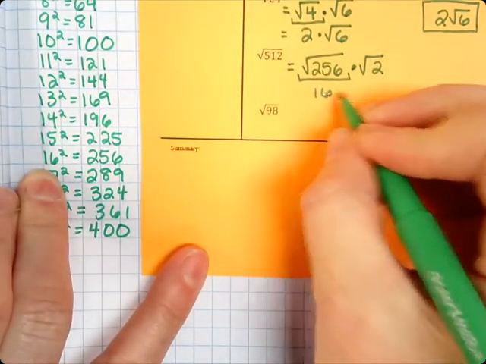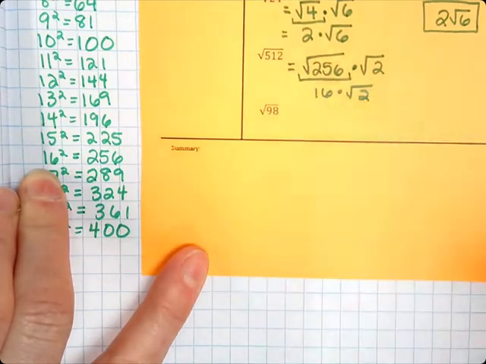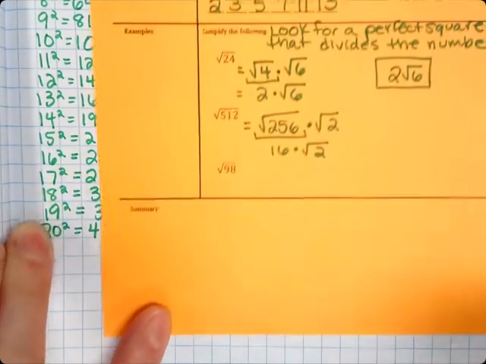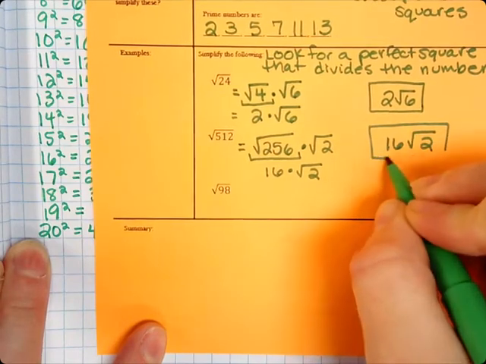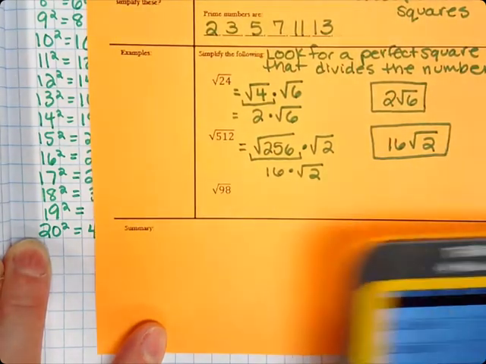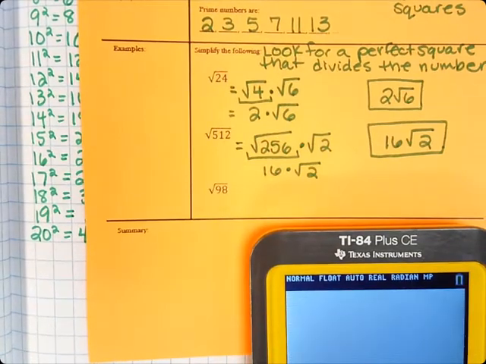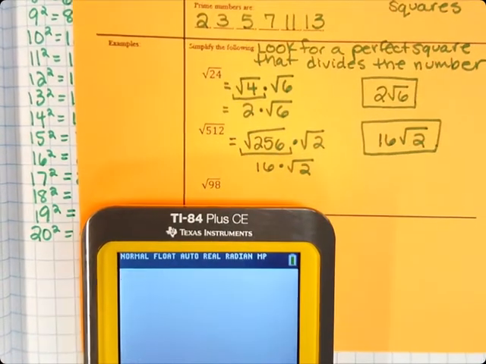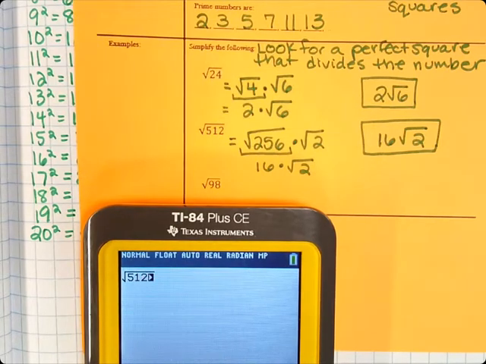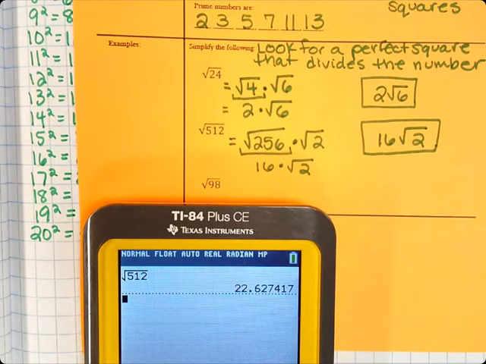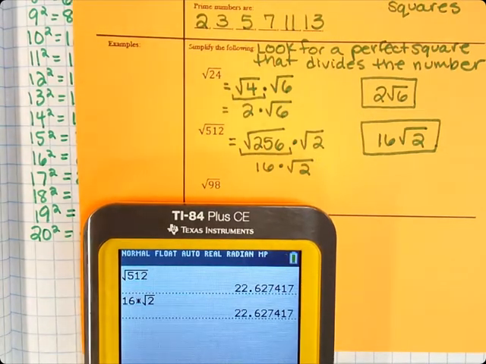So 16 times square root of 2, or 16 square root of 2. We can double check it in our calculator. Square root of 512: 22.6. Let's do 16 times square root of 2. Same thing, so we did it correctly.